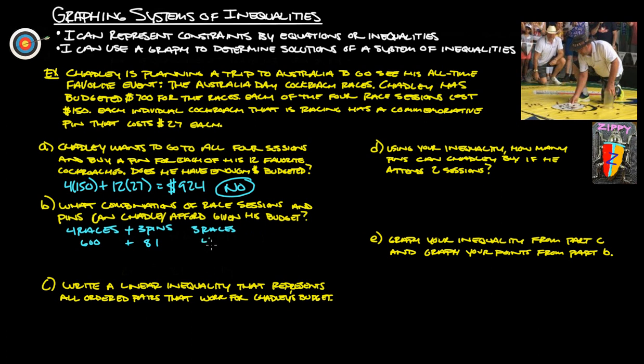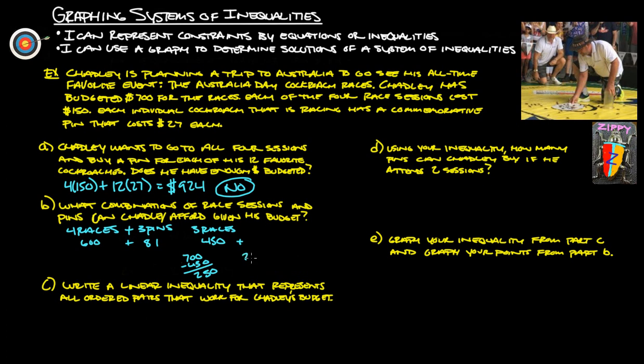He could also do 3 races, which would be $450. And then he can add how many? Let's just do this: 700 minus 450 is going to leave him with $250, right?